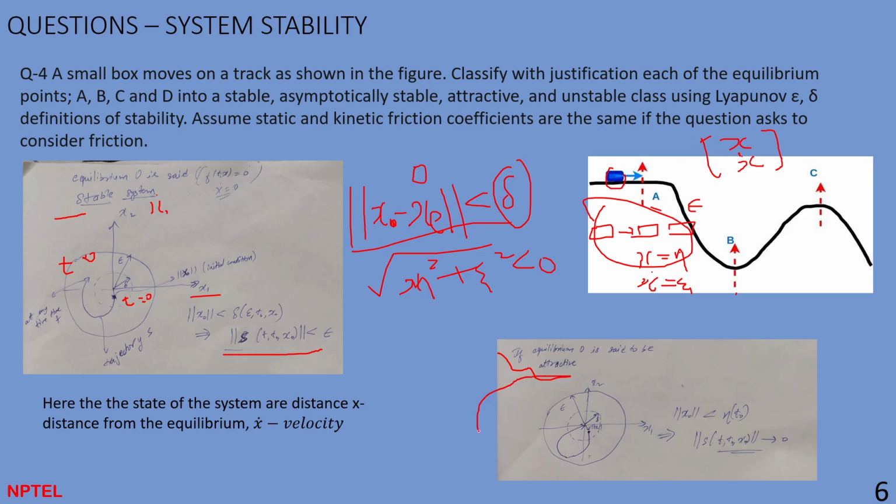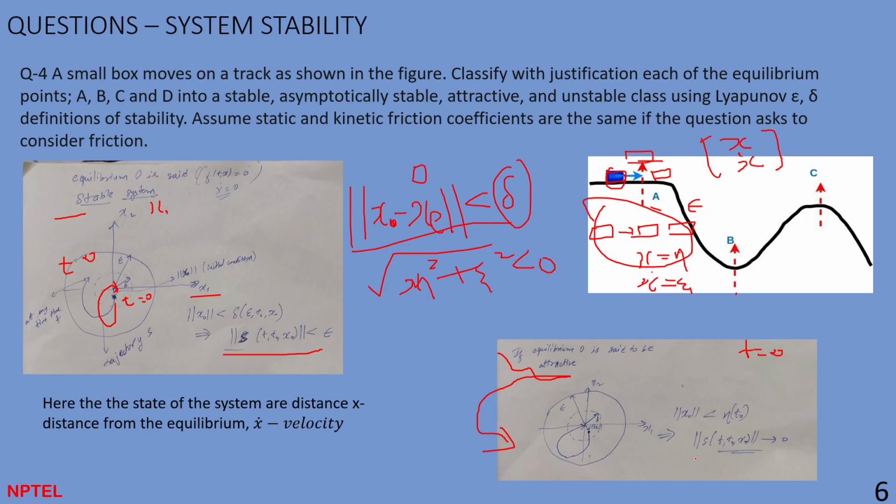We say the system is asymptotically stable when, at time t equal to zero, the body has started from here, but at time t equal to infinity it has reached zero. So if you have this ball and you have disturbed it by a small amount, due to its stability it comes back to its position, which is the zero position. This is what asymptotically stable looks like. Now let's approach this problem.